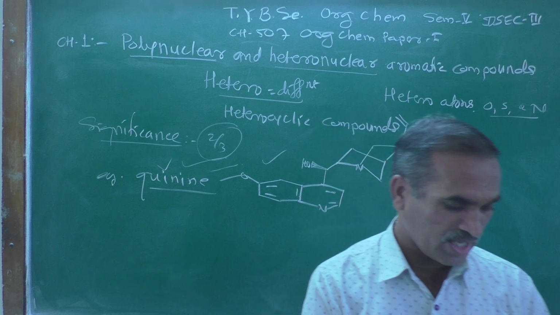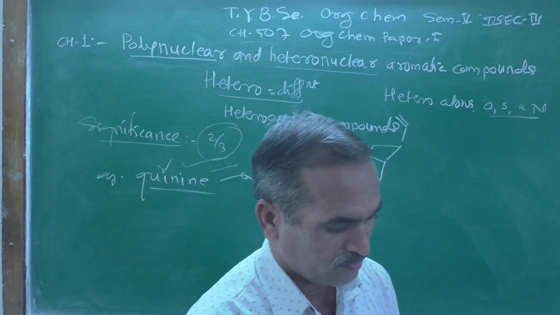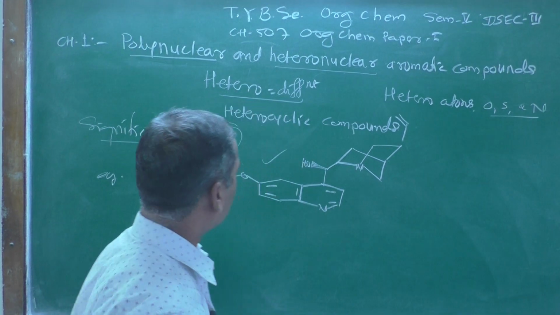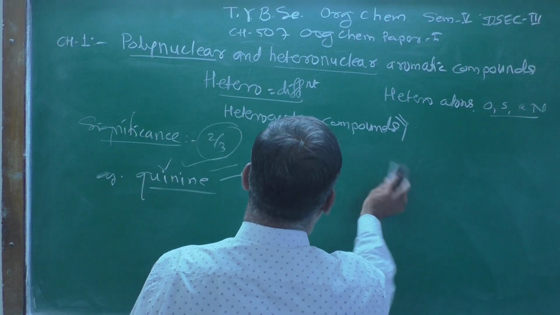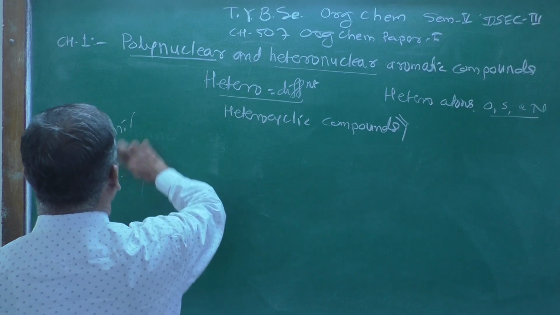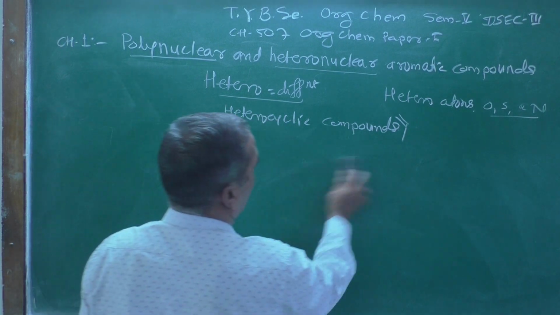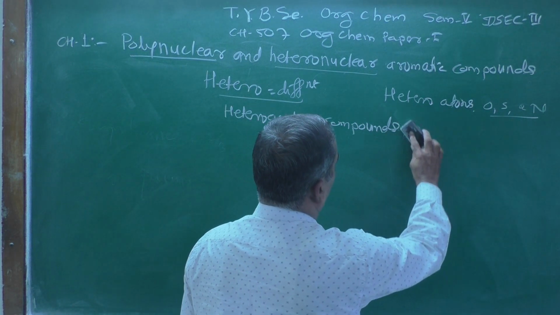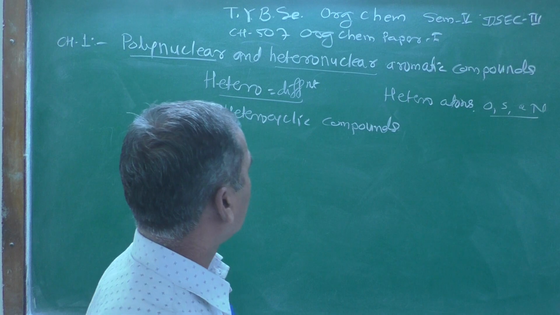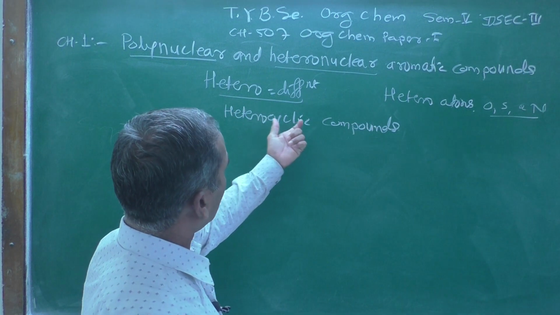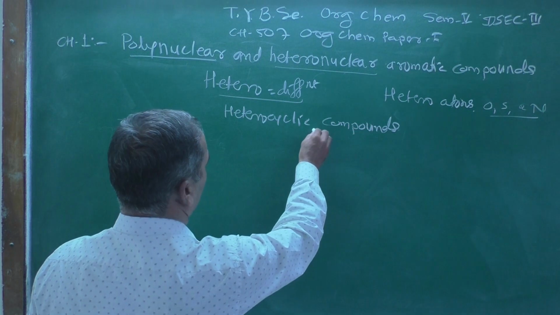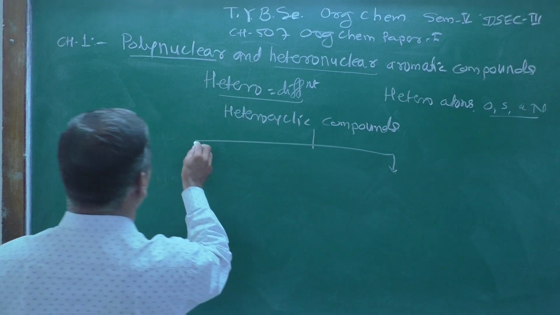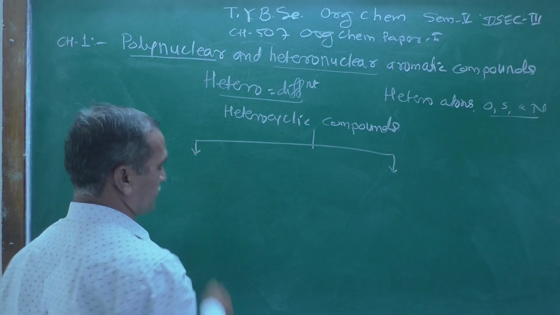And that heterocyclic compound is further divided into two types. Let's discuss those two types of heterocyclic compounds. Just see here, heterocyclic compound is further classified into two types.